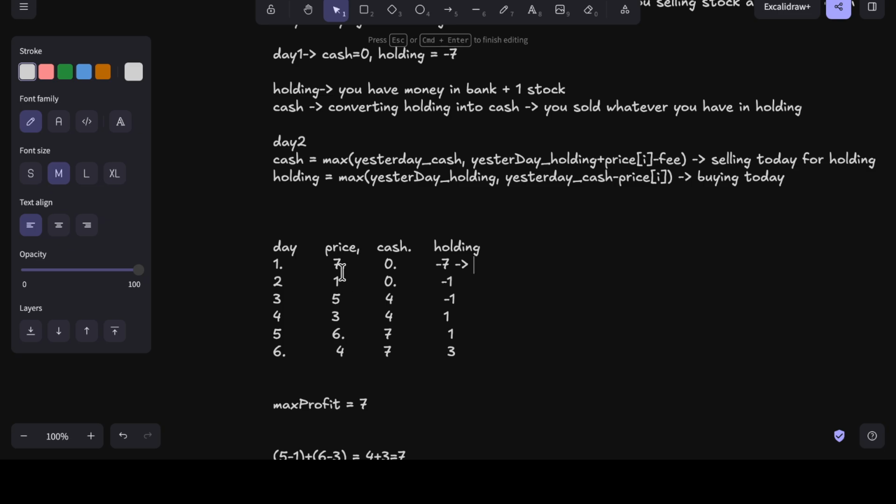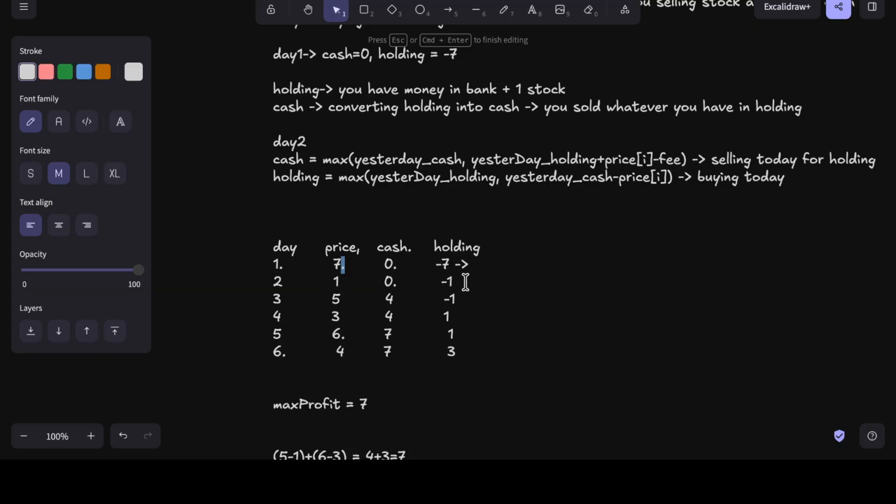On day two, you apply the same formula. You get the price; day two price is 1, and currently you can't sell it, right? Because what you bought on day one is at a price higher than the current price.